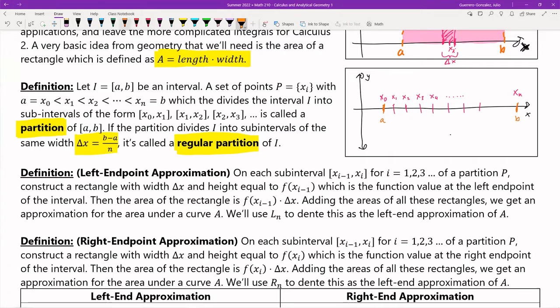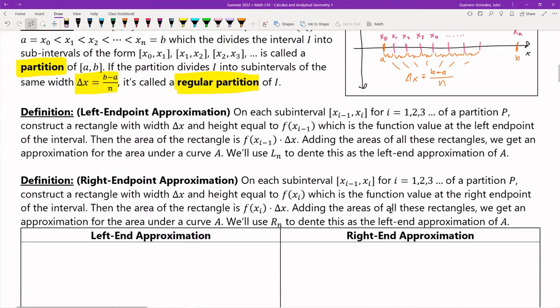So that means if all of these are delta x, which is defined to be B minus A over N, if all of these pieces right here are this big, B minus A divided by N, then you have a regular partition.